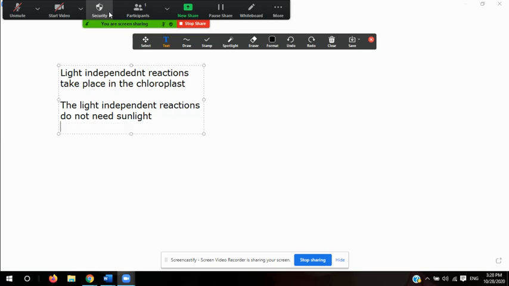But one of the differences is, of course, that the light independent reaction does not require sunlight, and that these reactions can take place at any time. So the light dependent reactions obviously can only take place where there's light or sunlight. And the light independent reactions can take place at any time as long as the energy is present.